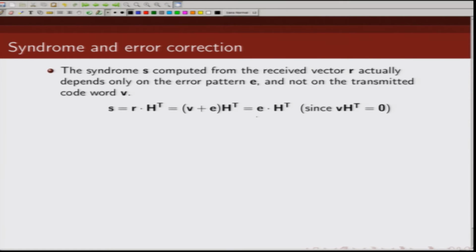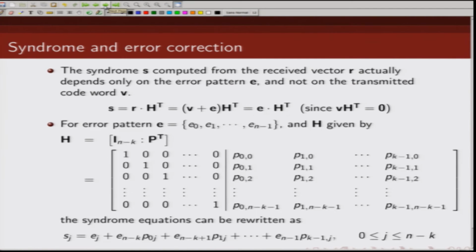As I said, the syndrome only depends on the error pattern; it does not depend on the transmitted code word. And if you have your parity check matrix in a systematic form, then you can write your syndrome equations in terms of your error patterns like this.